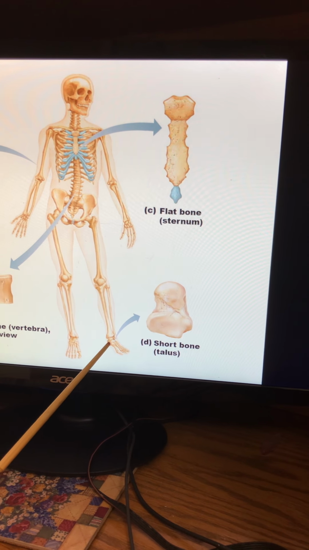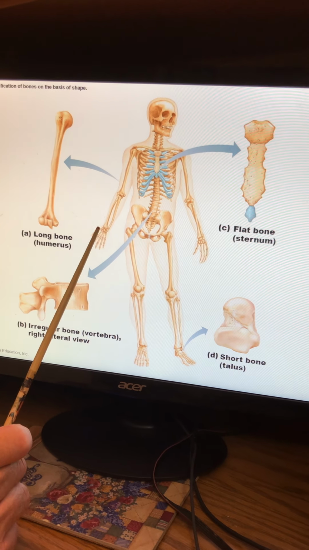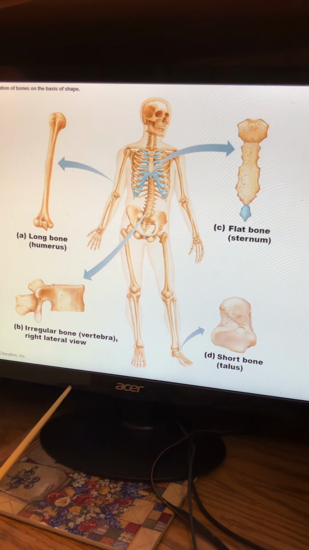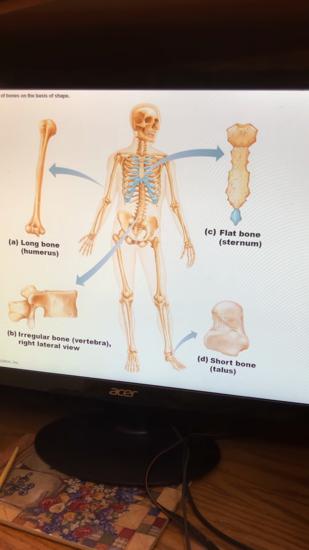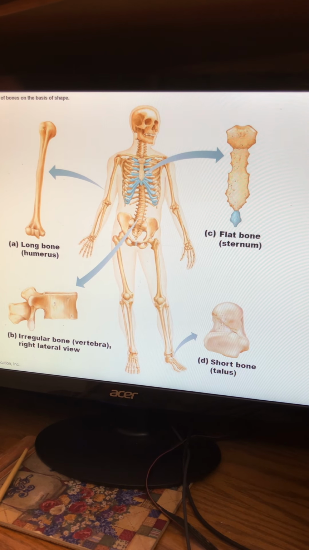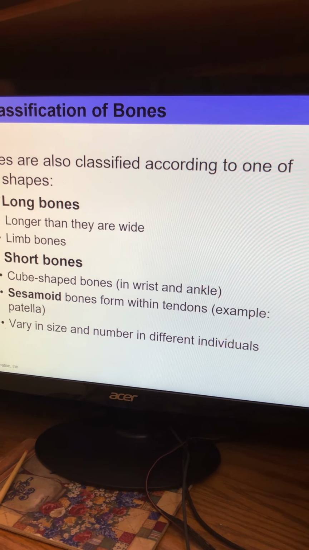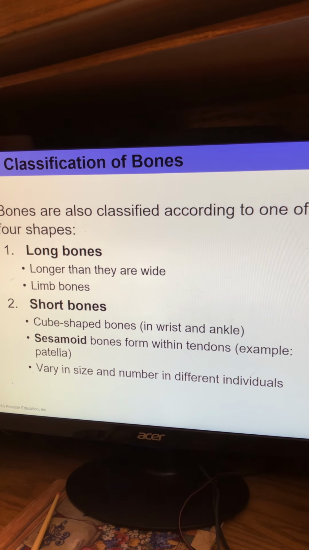And what they're showing here is the tarsal bones, which make up the ankle, and most people know about the carpal bones, which make up the wrist bones. And of course, the patella, which is going to be a short bone. So we have the classifications of long and short bones.